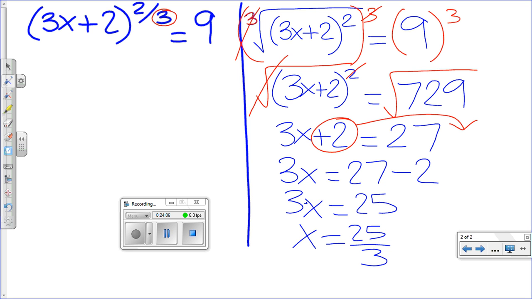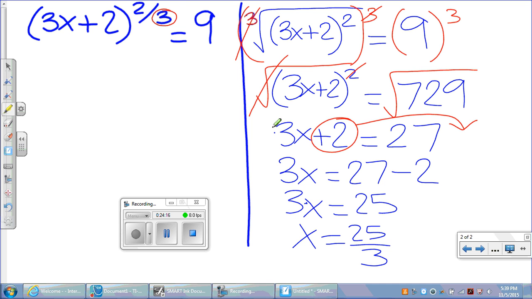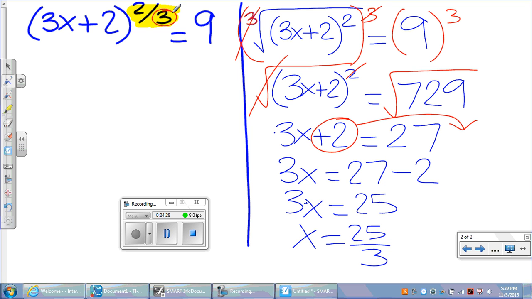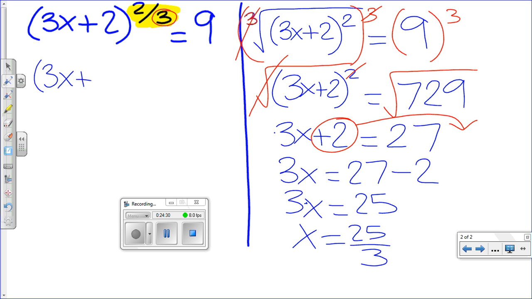Another way, a little shortcut that we could take, and we did not have enough time to go over all the rules with exponents, but we did go over a lot of inverse operations and multiplicative inverse concepts. So one thing we could do here is we take the 3x plus 2, we take the exponent and we move that across.